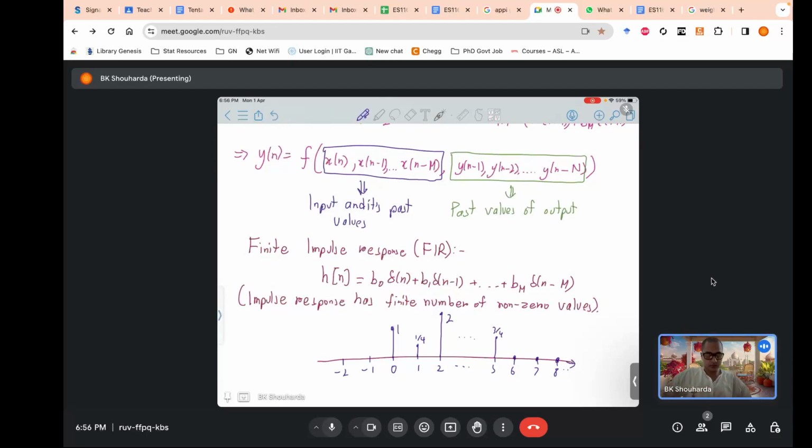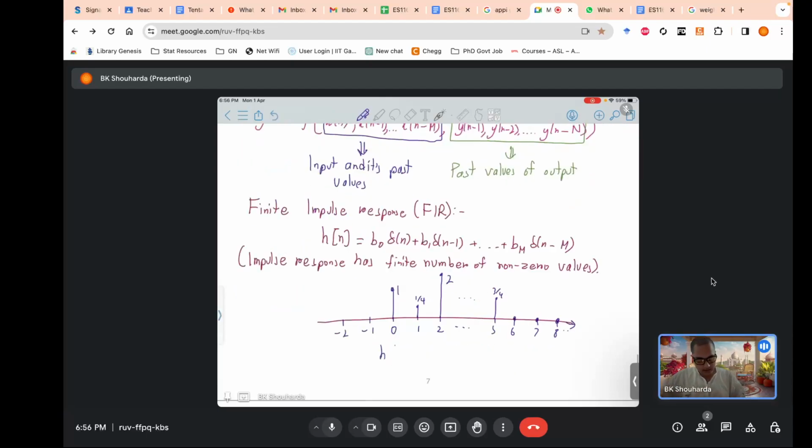So our h[n] may look like 1, 1/4, 2, minus 1, 1/2, 3/4, only this much. If it has a finite number of non-zero samples, then the system is said to be a finite impulse response.